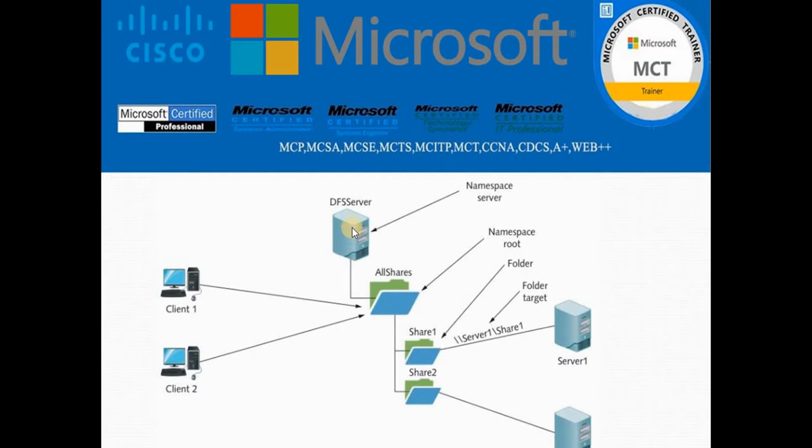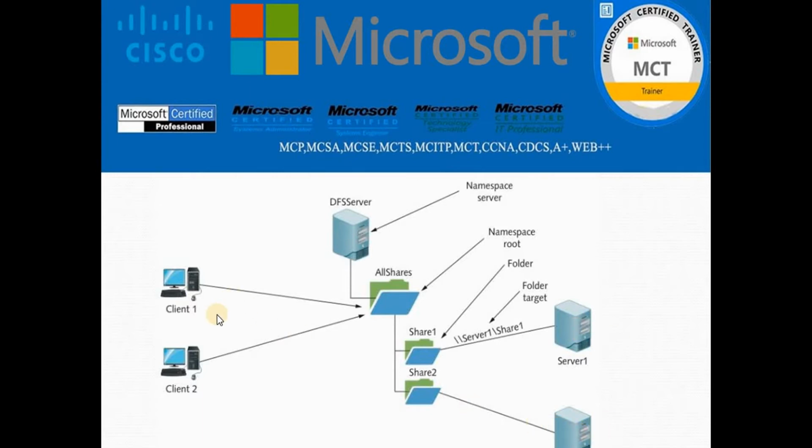Now over here, all of the files that are being shared in your network will be mapped to this one server. That means whenever this client wants to access a folder that's been shared by this computer, or the same client wants to access a file that's been shared on the next server, this client has nothing to do with the IP address of server 1 or server 2.